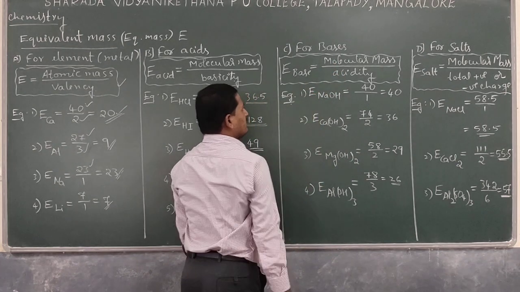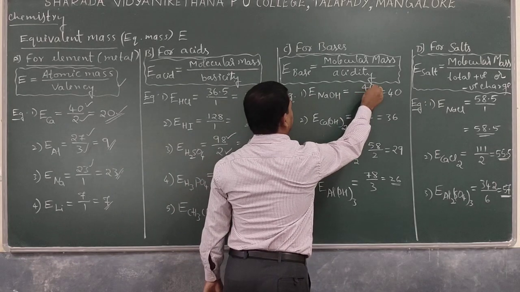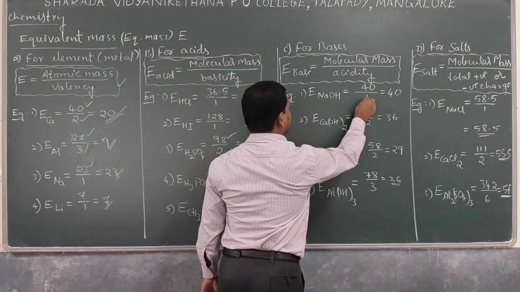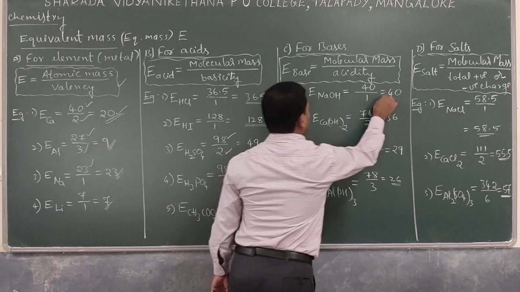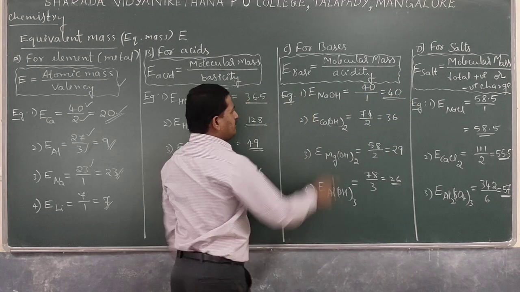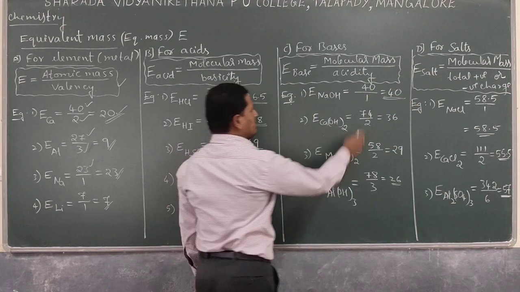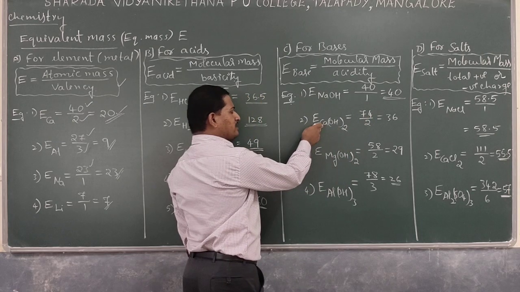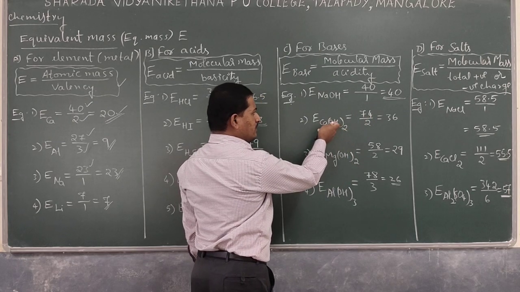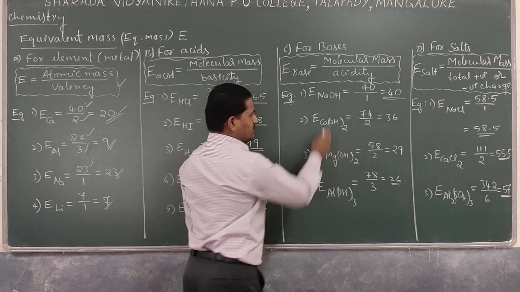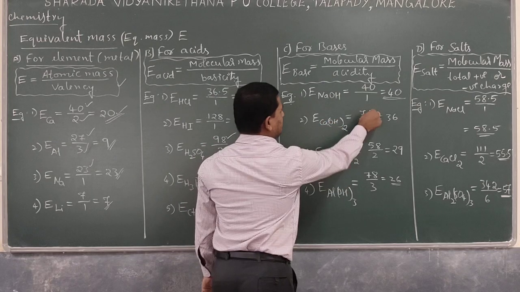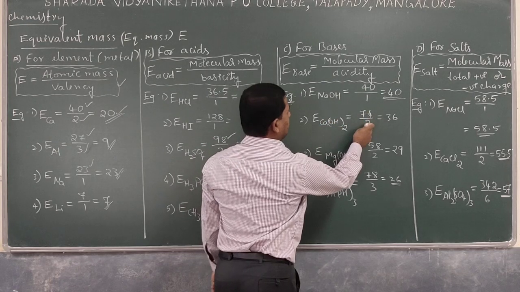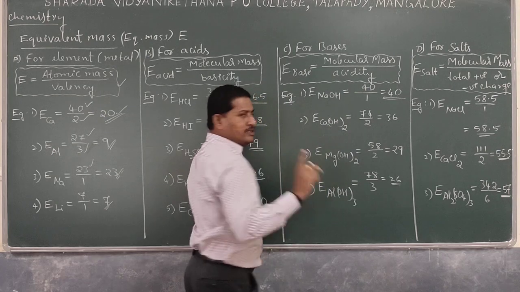For sodium hydroxide, molecular mass is 40, and acidity is 1. So 40 by 1 is 40. Similarly for calcium hydroxide, molecular mass is atomic mass of calcium plus twice the mass of O and H, 16 plus 1, so we get 74.